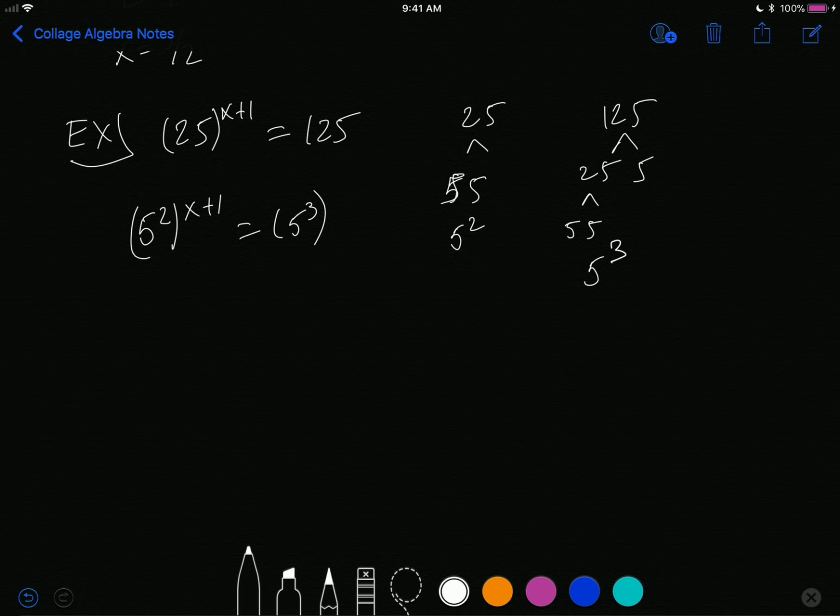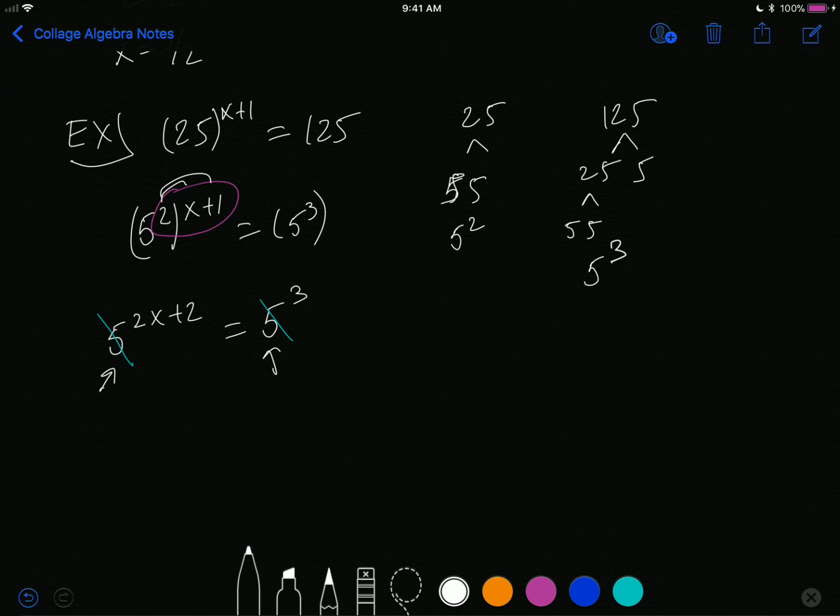Well, when I have a power to a power, I must multiply. And so I distribute. And so I have 5 raised to the 2x plus 2 is equal to 5 to the third power. I look very carefully. I see I have the same bases, so I can eliminate them. Cancel bases.